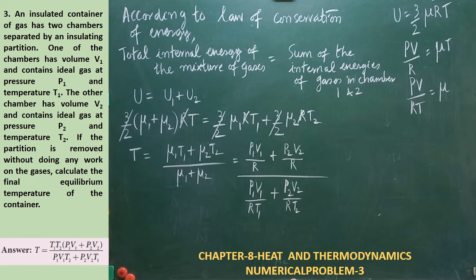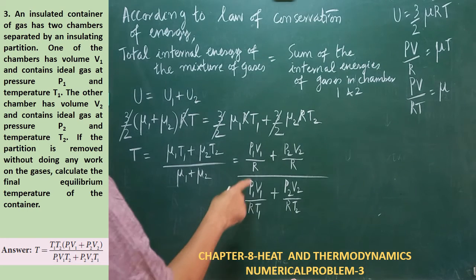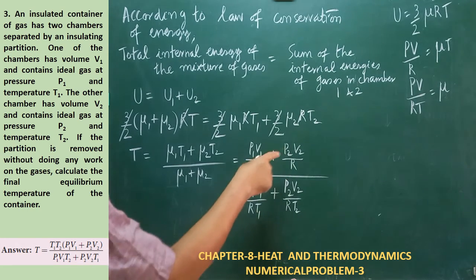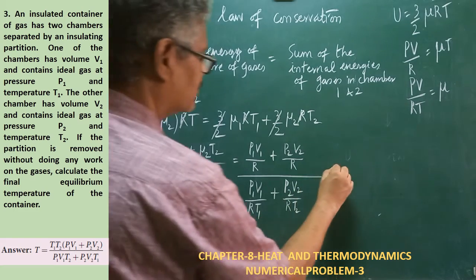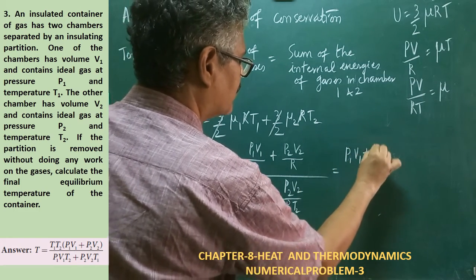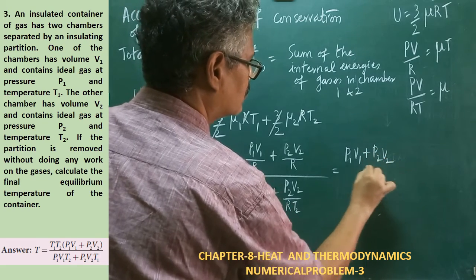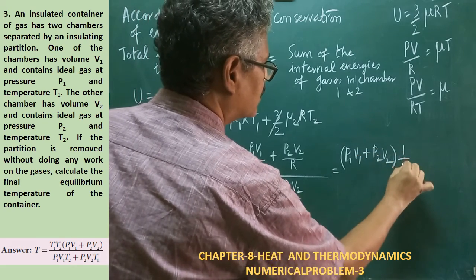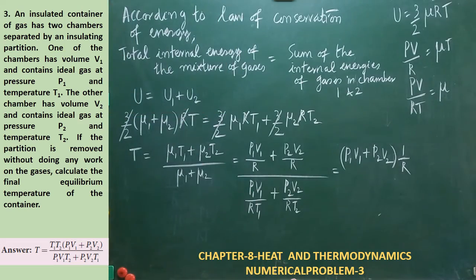Are you clear? So after simplification, what will happen now? This R is clear, that will become 1 by R. Again I will write P1 V1 plus P2 V2, that 1 by R can be written as a common factor.